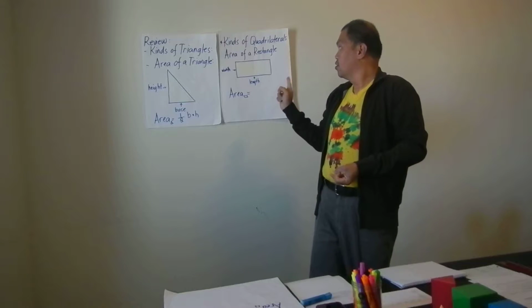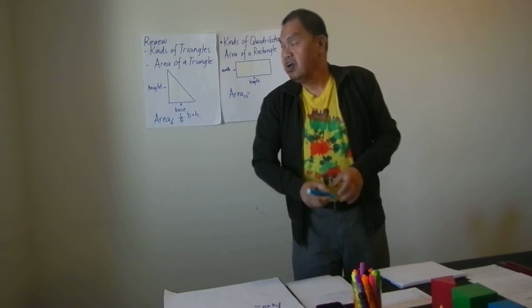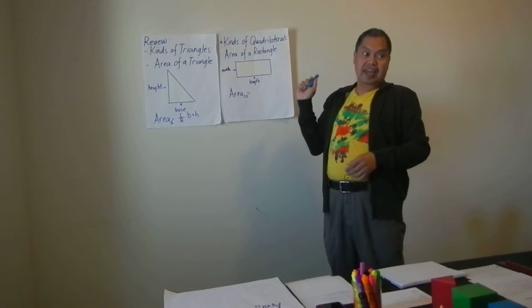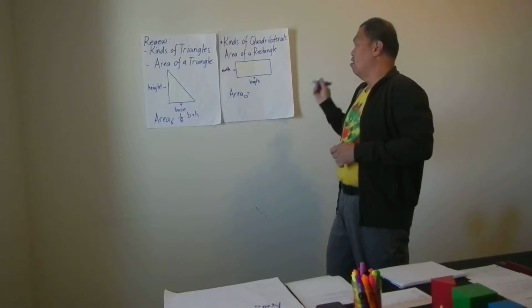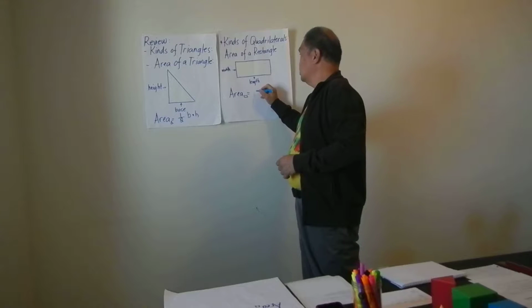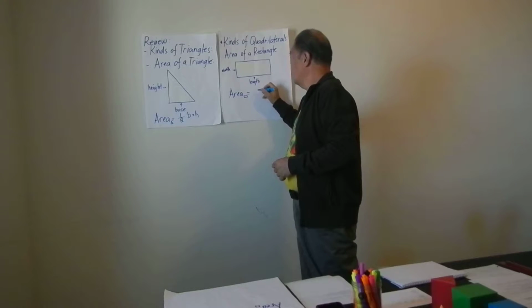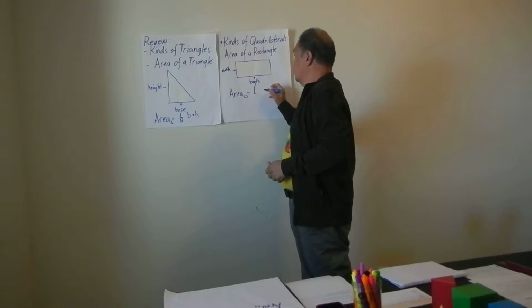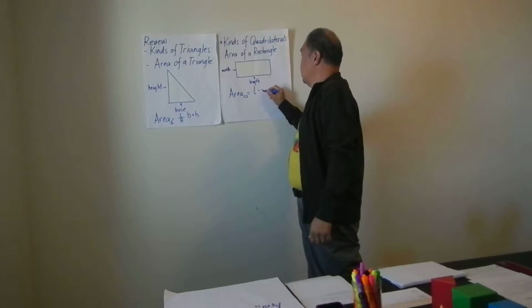So let's recall first the area of a rectangle. We said that if there is a width and a length, the area of a rectangle is length multiplied by the width.